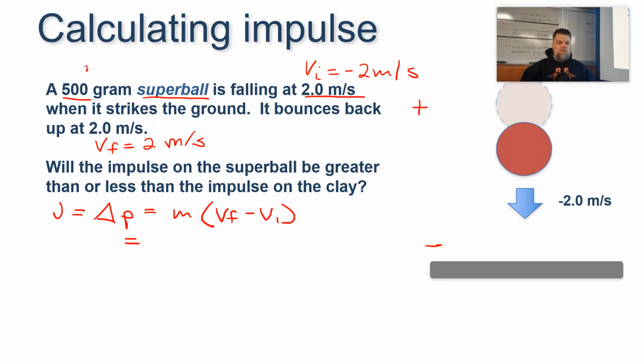Again, this is going to be 0.5 kilograms. So I'm going to say 0.5 kilograms. And then I'm going to have 2 minus minus 2. When you minus a minus, it becomes a plus. So we really have 0.5 times 4.